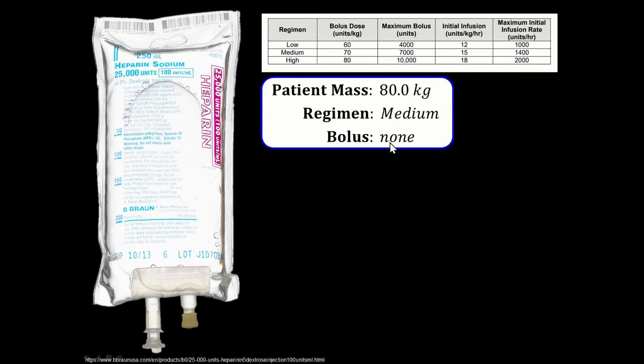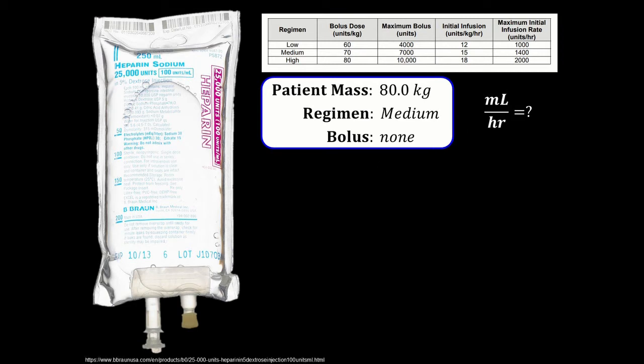And a bolus here would just be simply giving a very large dose up front and then tapering to a smaller dose. But in this case, we're not going to give that large dose right up front. But what we would like to calculate is we're going to hang our IV bag, and then we're going to program the IV pump to provide a certain number of milliliters per hour.